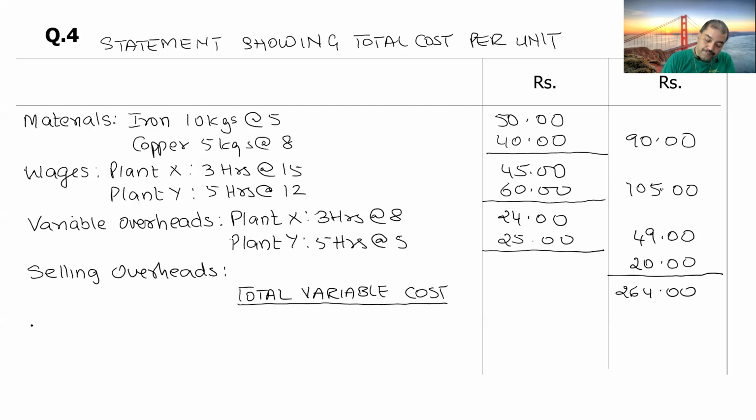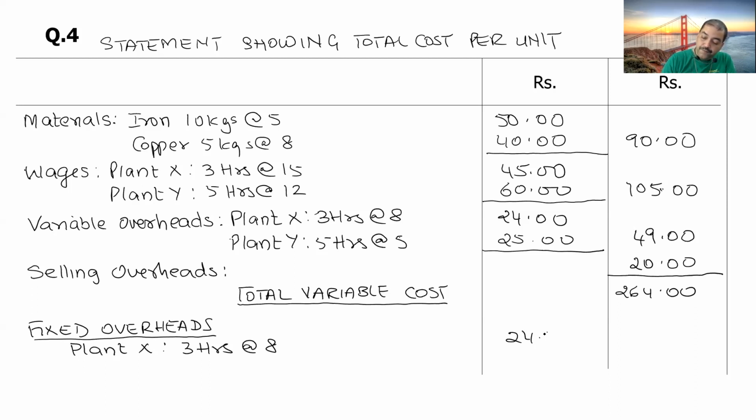Fixed overheads. Plant X, 3 hours at 8 rupees, 24 rupees.